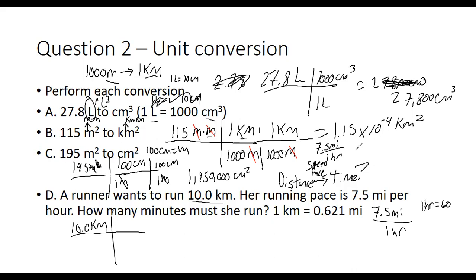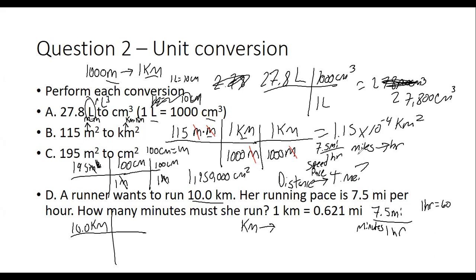So this will allow me to convert from miles to hours directly. The only problem is I don't start in miles, I start in kilometers. So my logic for this is I start in kilometers and I want to go to minutes. That's my end goal.